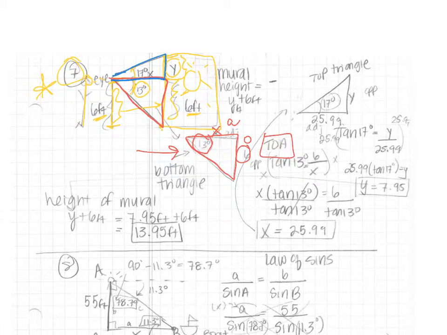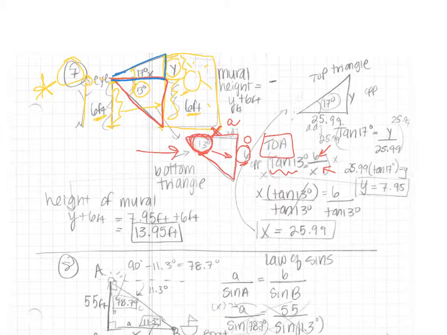So we know that we have to use tan because the angle we're referring to is this 13-degree angle. So opposite of it is 6, and then the adjacent we'd say is x. You need to have 2 knowns to solve for the third unknown. So we'd say tan of 13 degrees is its opposite 6 over its adjacent x.